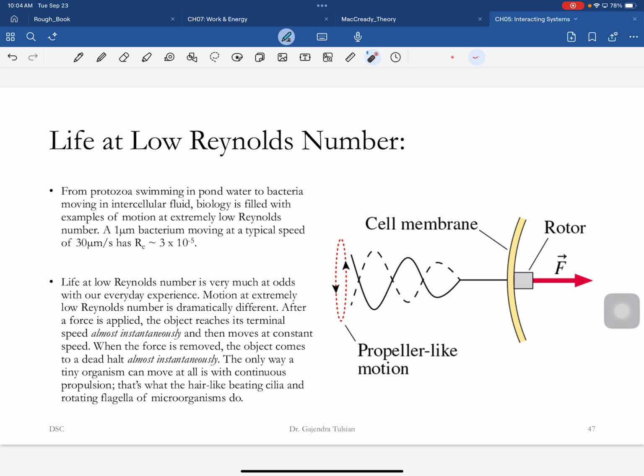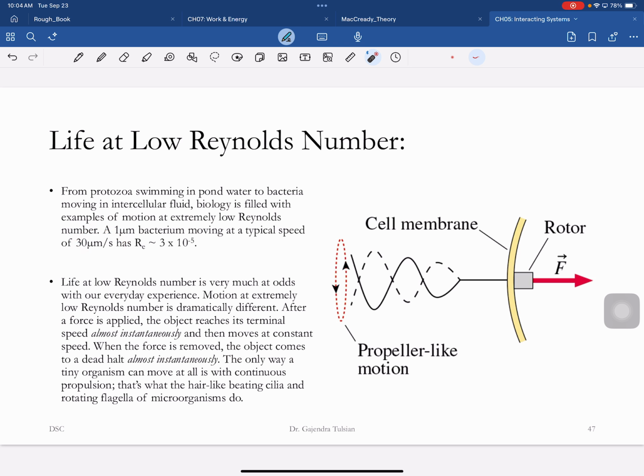All right, so from protozoa swimming in pond water to bacteria moving in intercellular fluid. In your intercellular fluid, the bacteria essentially move this way. Biology is filled with examples of motion at extremely low Reynolds numbers. A 1 micrometer bacteria moves at a typical speed of 30 micrometers per second.